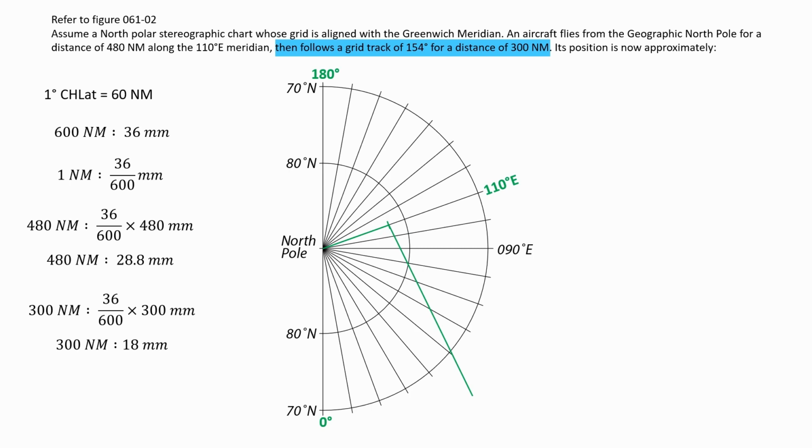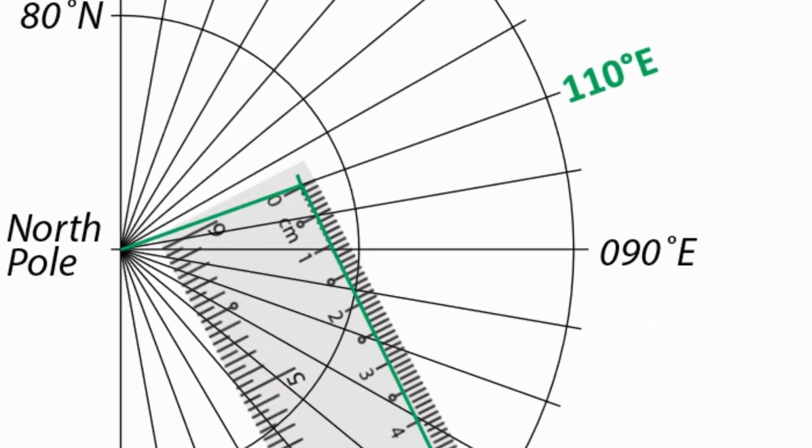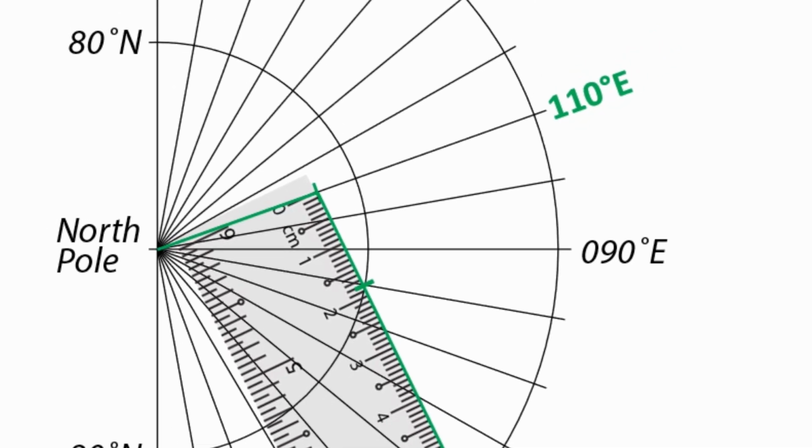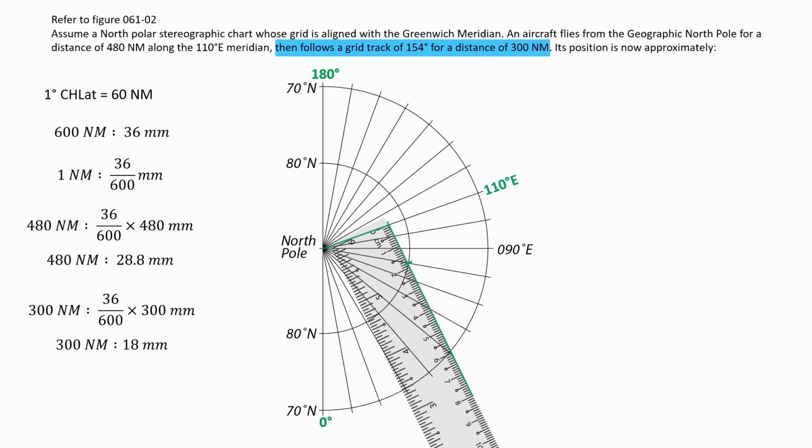Next, align the ruler with our second track. Mark 18 mm as accurately as possible. Now we have the final position. Read the final position. It is approximately 80 degree north and 80 degree east.